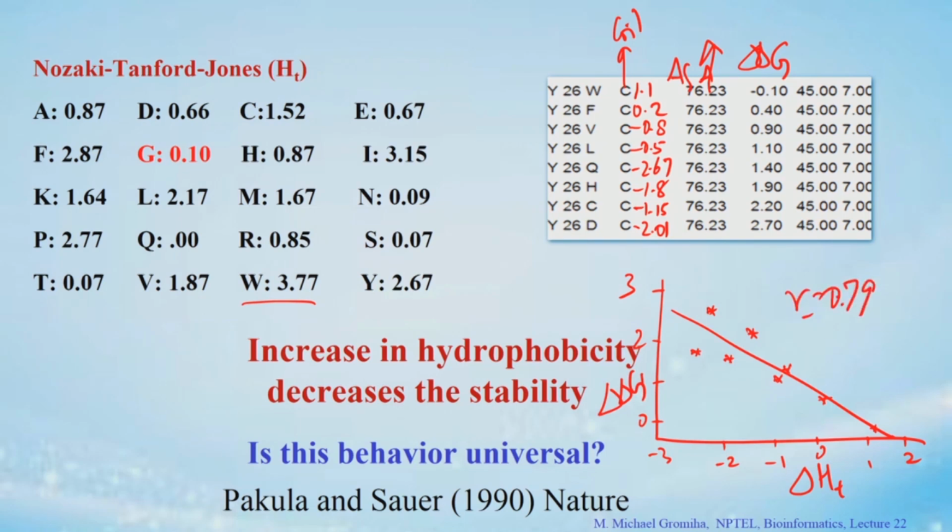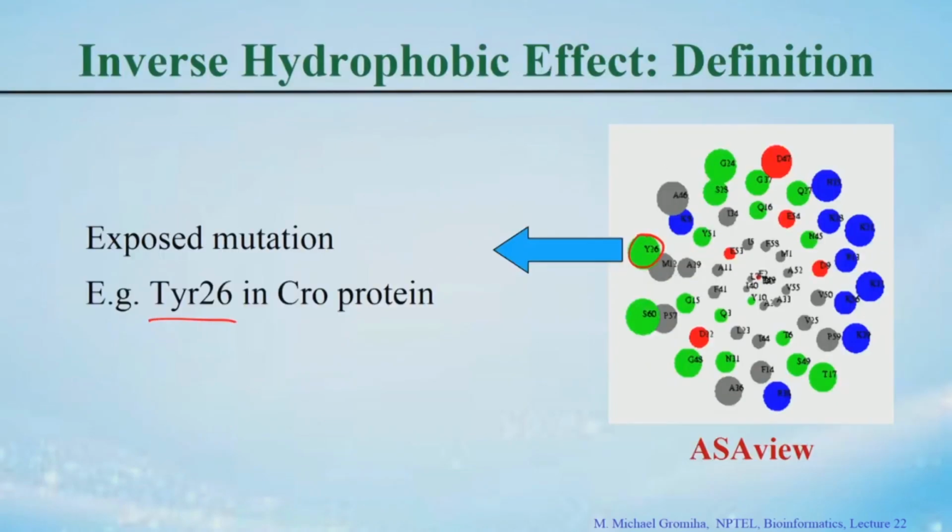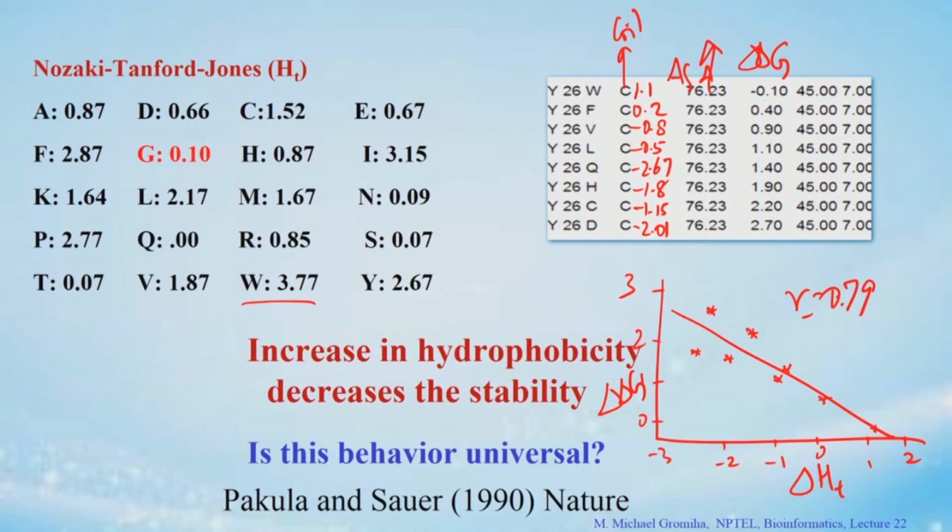So, if you see the mutations, one is at the surface in the coil region, one is buried. For the buried one we can see a direct relationship between the hydrophobicity and stability, but for the coil mutation on the surface, you can see an inverse relationship between stability and hydrophobicity. They first reported this in 1990, that an increase in hydrophobicity decreases stability for this particular protein, and they published this paper in Nature.